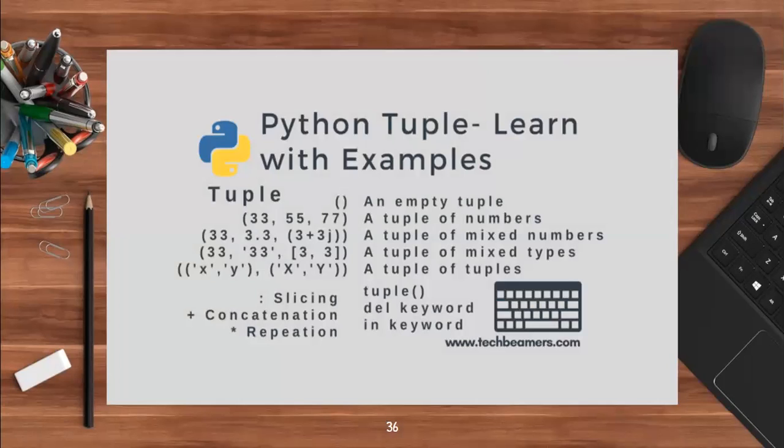Tuple. The next topic is tuple. Now, what is a tuple? You can say it is a data type which is used to store different data values in an ordered sequence. Most important is it is immutable and it is denoted by round brackets, round parentheses.